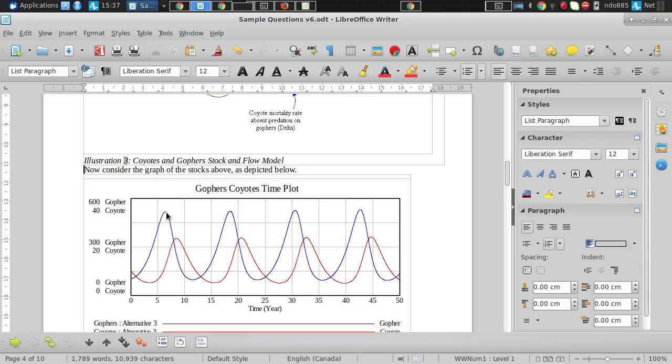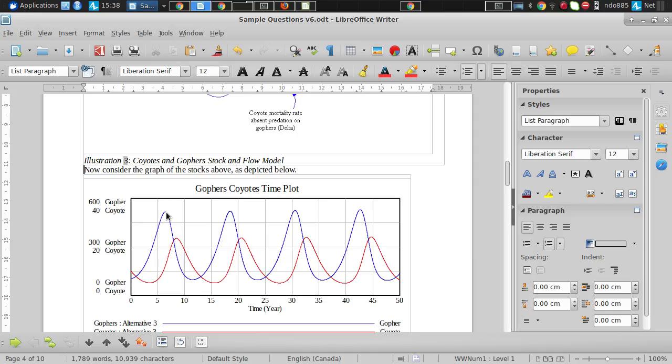But from the perspective of the gopher at a mathematical level, there's something very special going on here. If the population is no longer increasing nor decreasing, when that gopher dies, it's eaten by a coyote in this model. How many gophers does it leave still living?